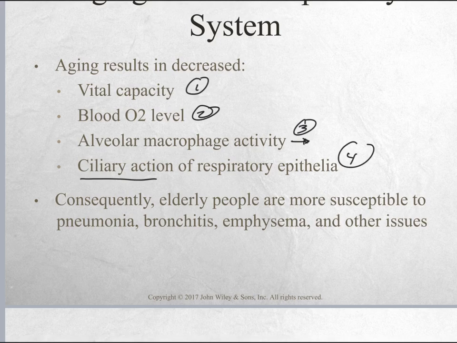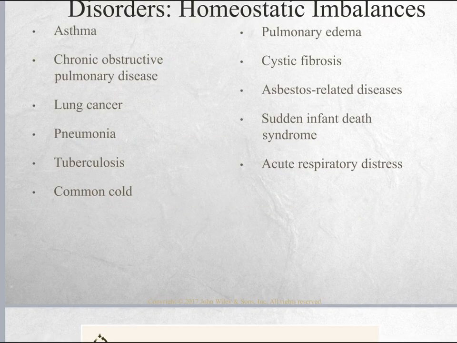So that first level of protection that we talked about way back at the beginning of this lecture has been removed or reduced. So we lose that protection in that respiratory epithelium that is allowing us to filter, trap that dirt, that debris, those bacteria and those viruses. So ultimately, consequently, elderly people are going to be more susceptible to things like pneumonia, bronchitis, emphysema, and other issues.